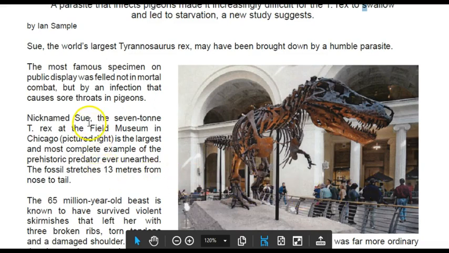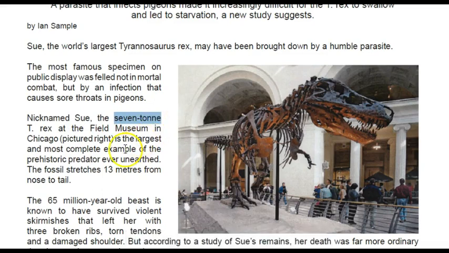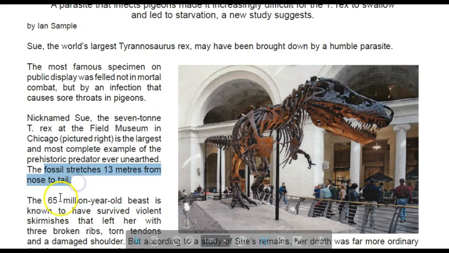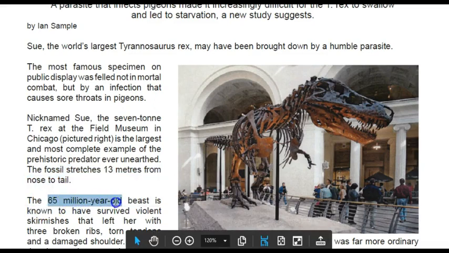I learned that actually Sue is a 7-ton T-Rex in the Field Museum in Chicago, and the actual fossil stretches 13 meters from nose to tail. It also tells me that the fossil is 65 million years old.